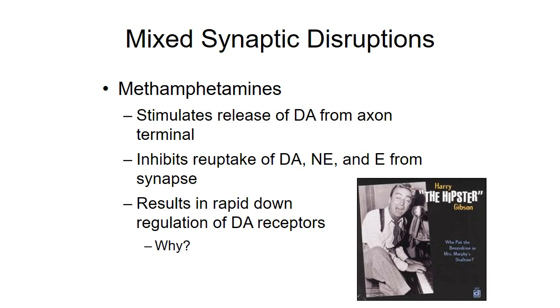What does that cell do to try to minimize that huge response? Well, it tries to reduce the number of receptors. Say we go from 100 down to 25, to reduce that response. Now we only have 25 receptors on that postsynaptic cell where we started out with 100.